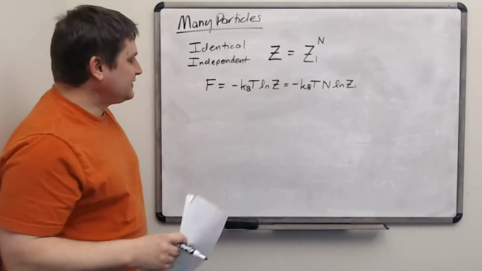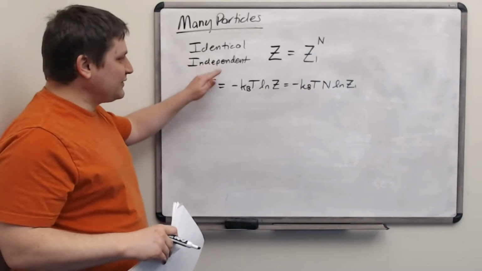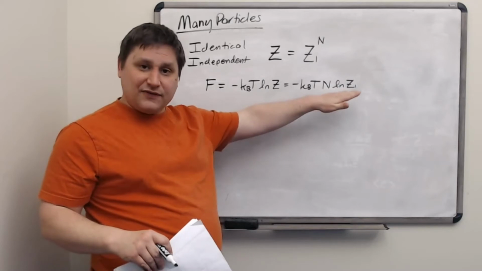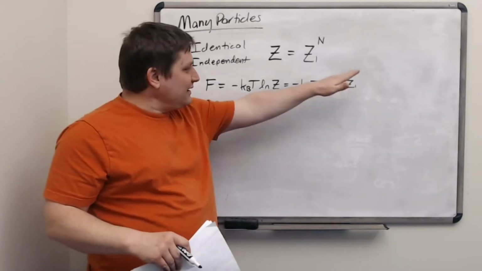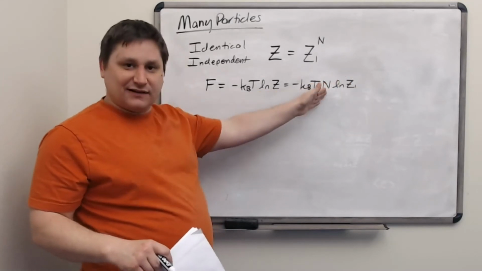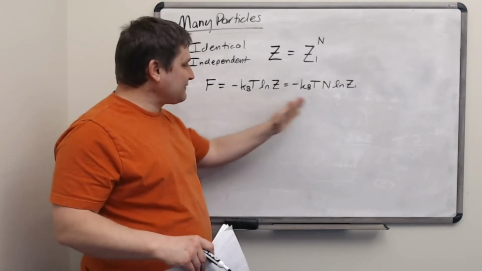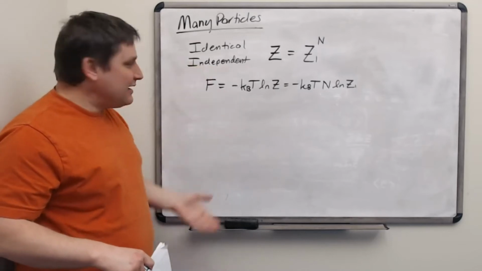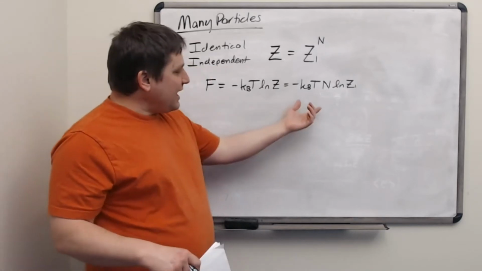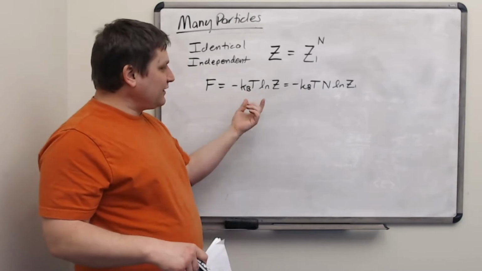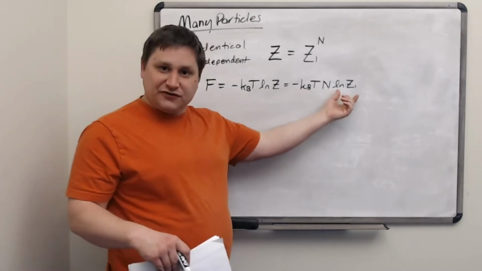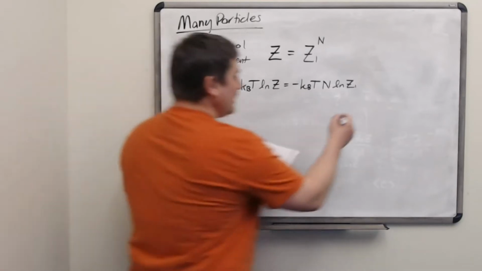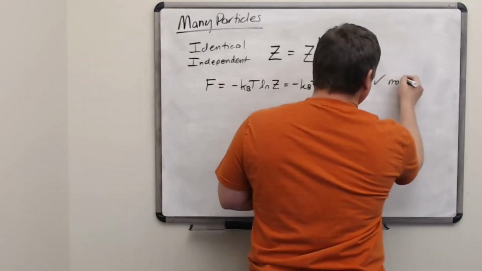So in this situation, we could find out our partition function for just one of the particles, and then just multiply that by N to get the right expression for the whole system. This works because they're independent. Basically, we get a contribution to the Helmholtz free energy from each particle individually. They're all the same, and then we just multiply that by N. So that makes sense.